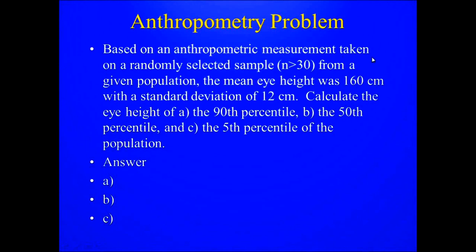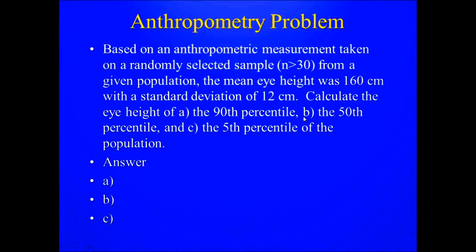Based on anthropometric measures taken on a randomly selected sample from a given population, the mean eye height was 160 centimeters, with a standard deviation of 12 centimeters. Calculate the eye height of the 90th percentile, the 50th percentile, and the 5th percentile. You can go ahead and do these calculations, but to make it a little easier, the mean eye height is 160.